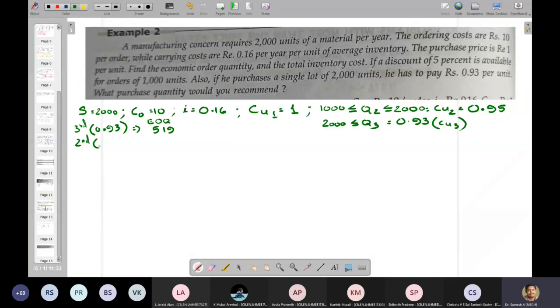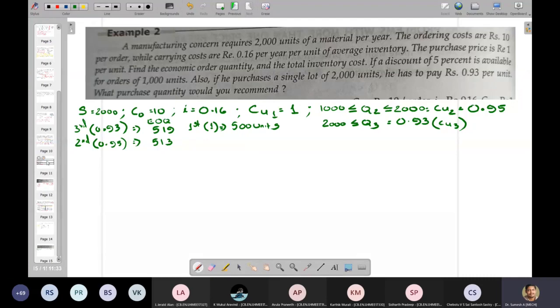Second, 0.95: in that case also I am getting 513 units, so not satisfied. Now the first case, for ₹1, EOQ is 500. So 500 units, that is satisfied.